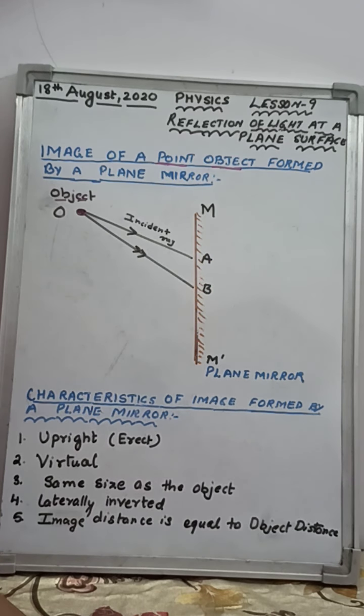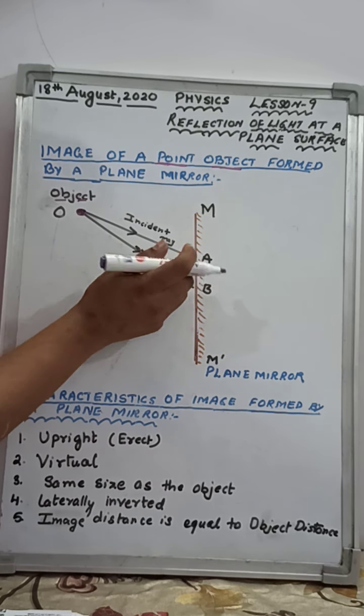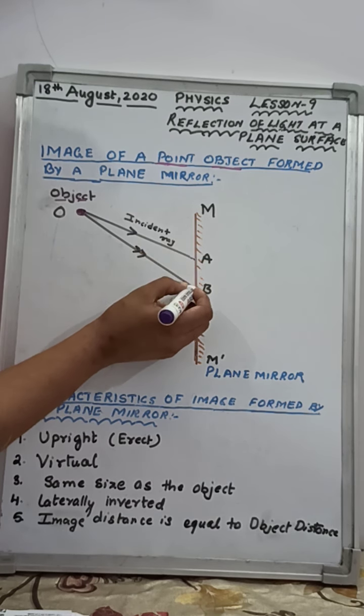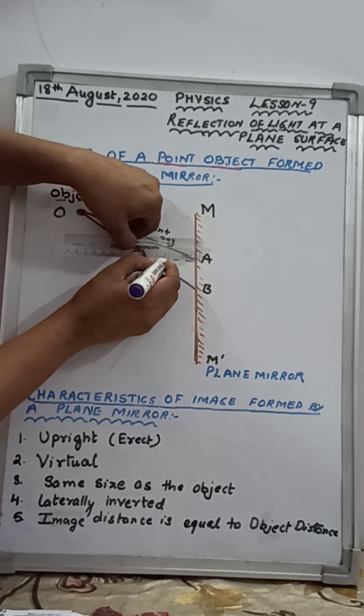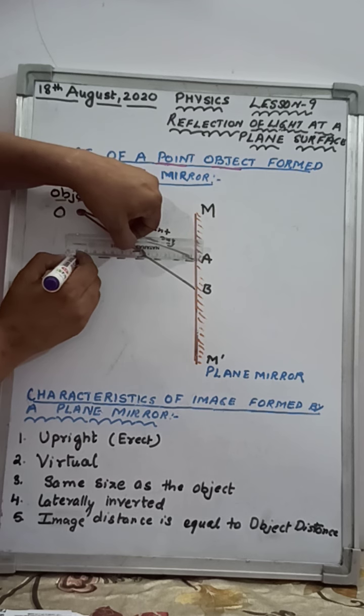Now let us draw the image formed by this object. First of all we will draw a normal ray. What is a normal ray? A normal ray is perpendicular at the point of incidence. So this is a point of incidence and second is this point of incidence. We will draw a perpendicular, that is a normal ray, with a dotted line.